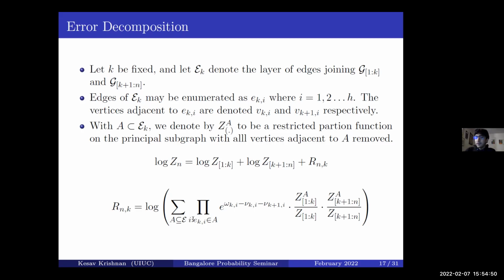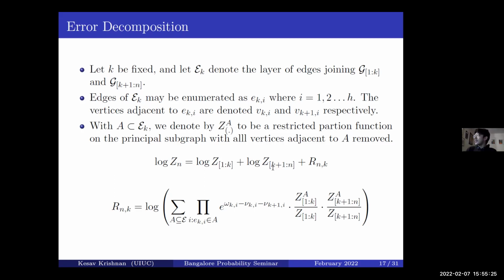So if you were to explore what this term is, all this is doing is basically counting the contribution to the partition function where one particular edge in that central layer is included. And this is something that can be controlled. If you look at this expression for R_{N,K}, by an application of the multinomial theorem, you can write this in product form and then expand the log out.